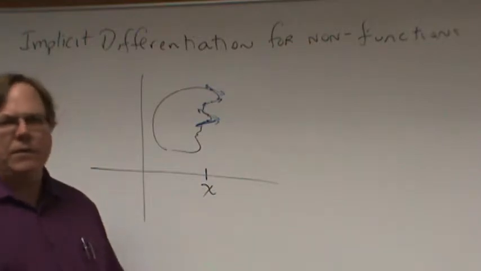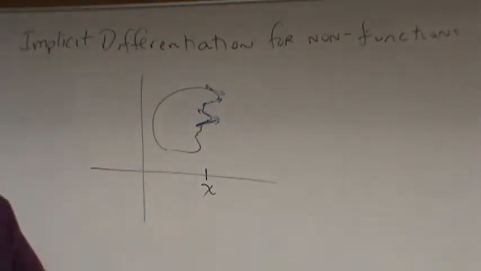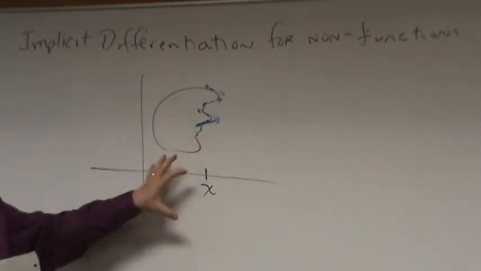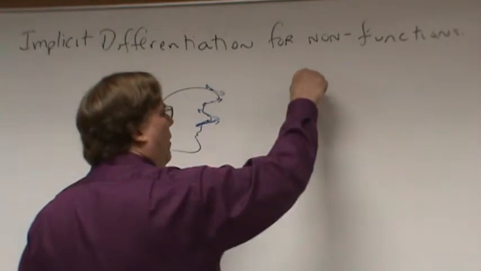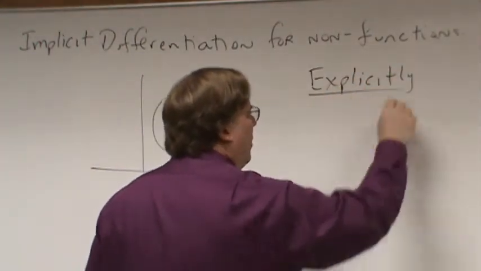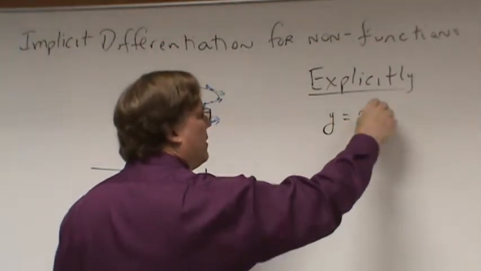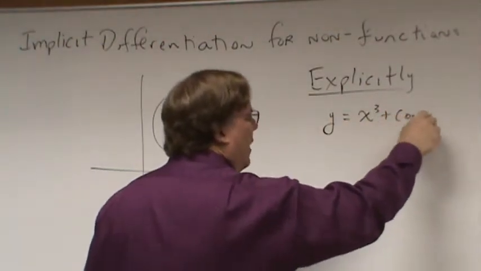Okay, there's a reason why it's called implicit differentiation, and it's because there's two ways to define a relation that you would graph. One way would be explicitly. When you define a relation explicitly, that means that you get y on one side and all your x's on the other side.